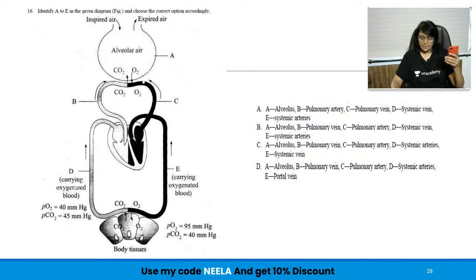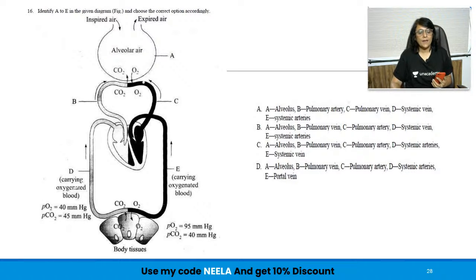Alright, this is the 16th question and let us see if you are able to answer this or not. A diagram is given. This is like the NCERT diagram only, slightly modified.